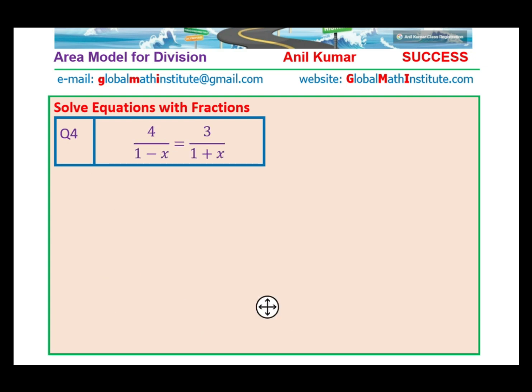Let's take up the next question now, which is slightly different from what we had been doing. Now here we have a proportion type equation, right? So we'll call this a proportion type. Here you could cross multiply.